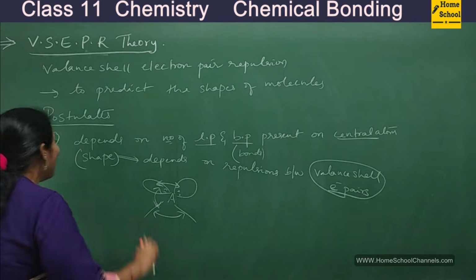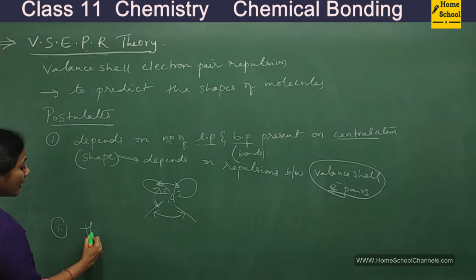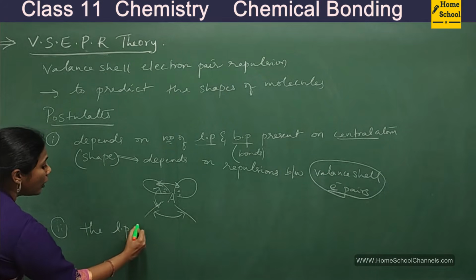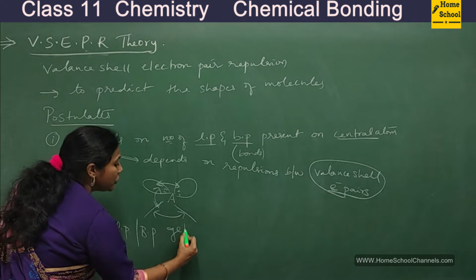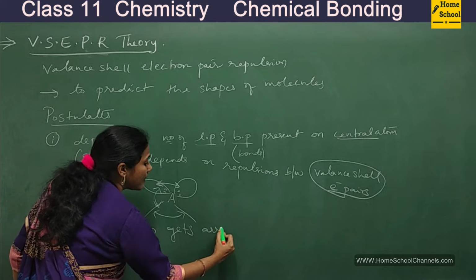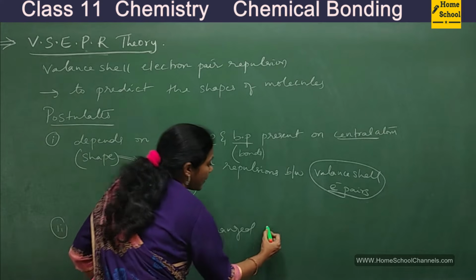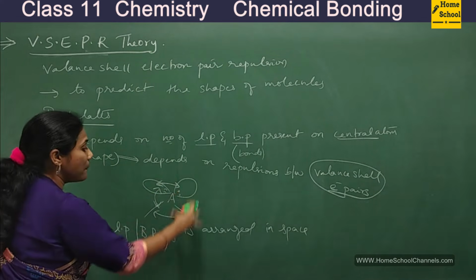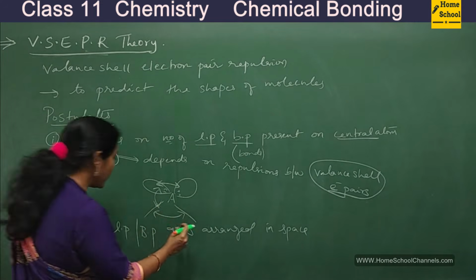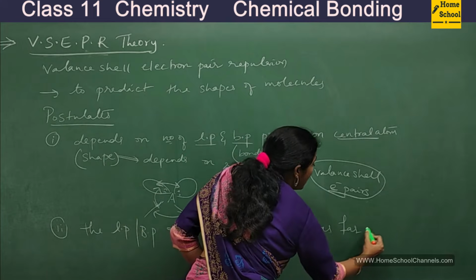So what I will write as my second point here is, the lone pairs or bond pairs get arranged in space. So where do they get arranged? They get arranged in space around the central atom, as far as possible.